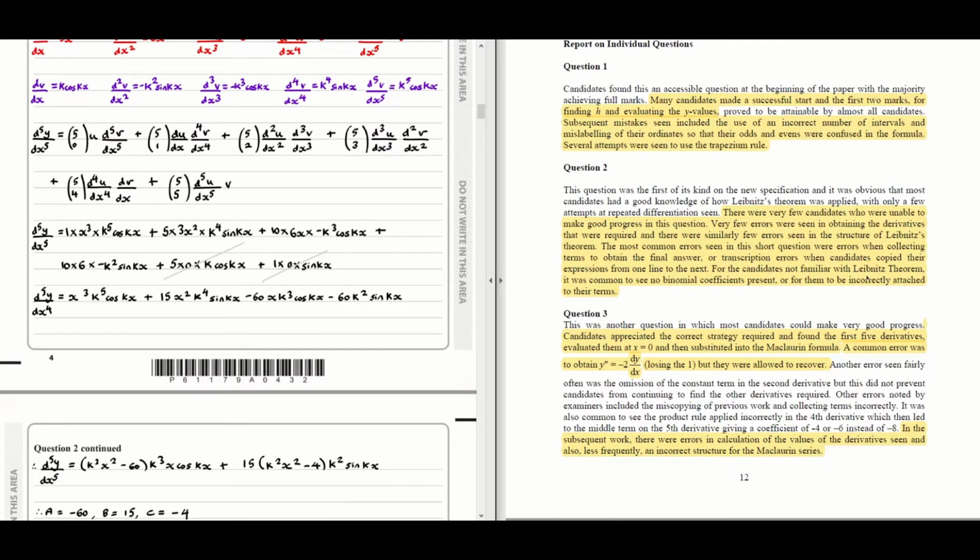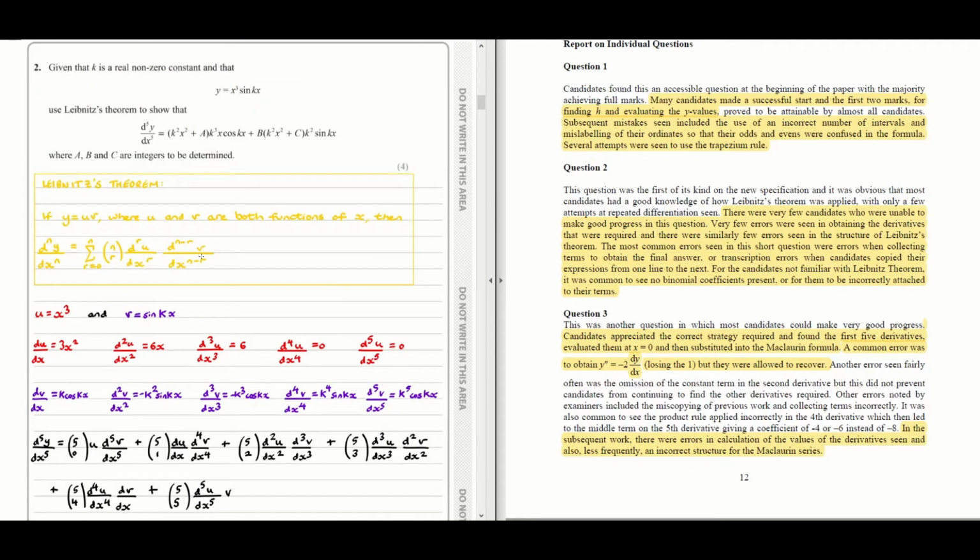And for those who weren't familiar with this sort of problem, it was no binomial coefficients present. So I think if you know this formula and recognize that this bit is from the binomial coefficients, then you should be pretty decent on this question.